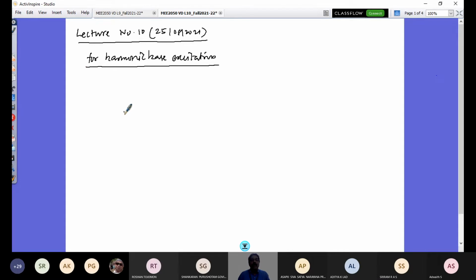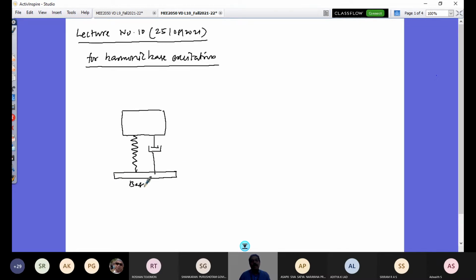So for the mass that was hung, instead now I'm going to have the mass which is supported by the spring and damper, and I have this base.